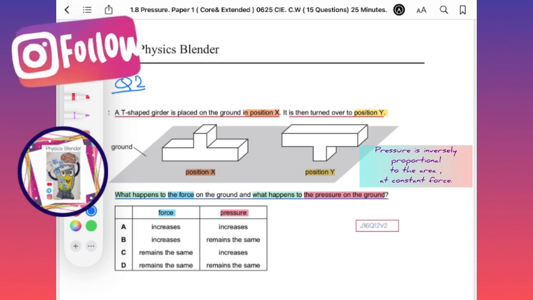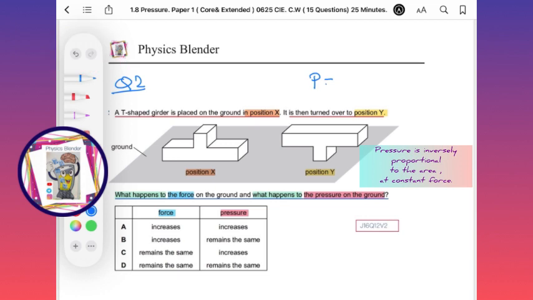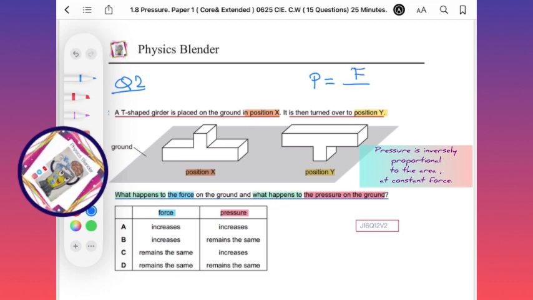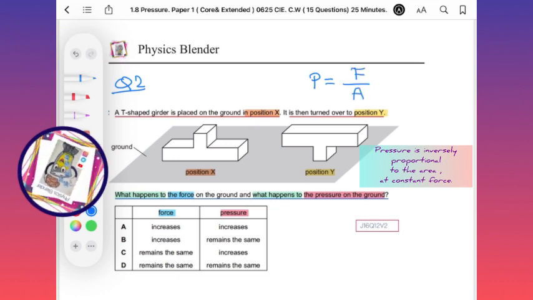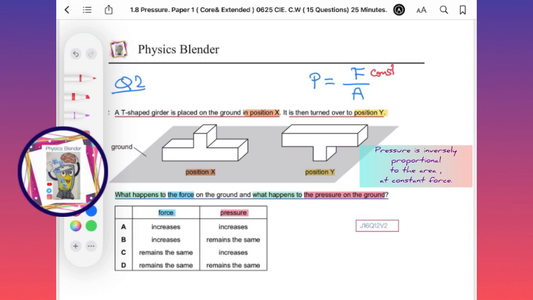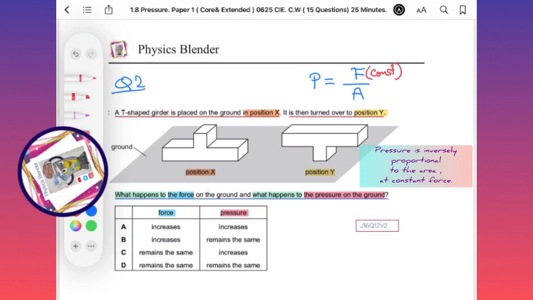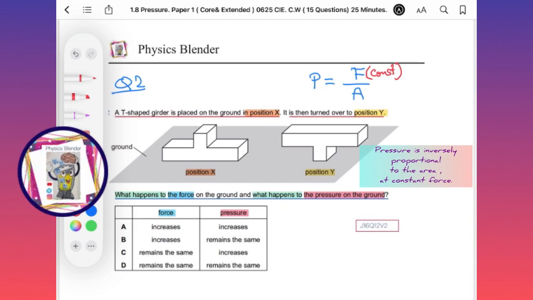Back to our equation, pressure is equal to force divided by area. The applied force here is constant, which is the weight of the girder. So the relation between pressure and area: they are inversely proportional.